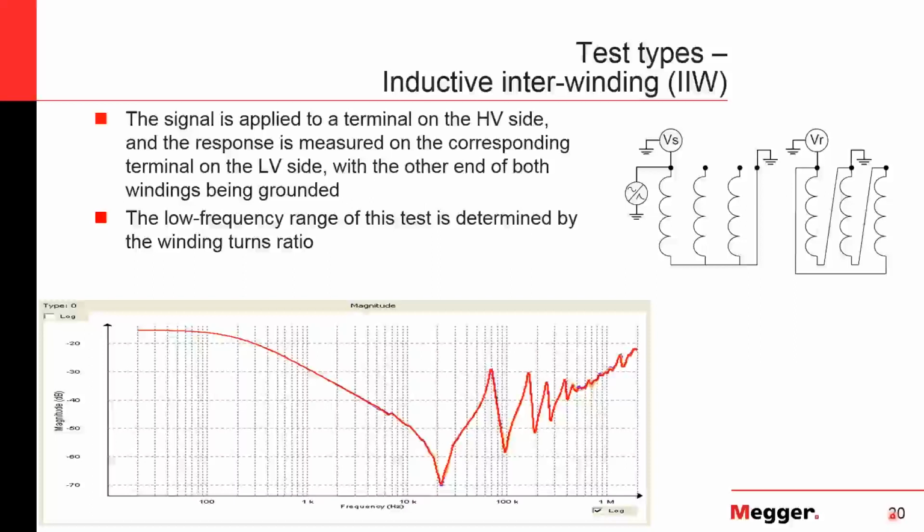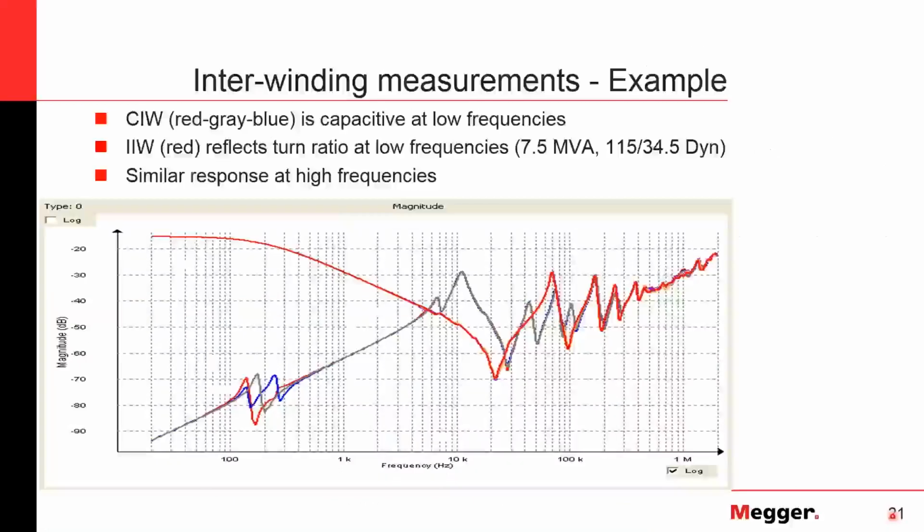So inject on one side of the winding, like primary on A phase, ground the opposite side, and then measure the response on the A phase on the secondary, grounding the opposite side of that winding. The nice thing about this is at the low frequency range, you can really see the turns ratio of your transformer. This is similar to if you've ever done your TTR with your power factor test set.